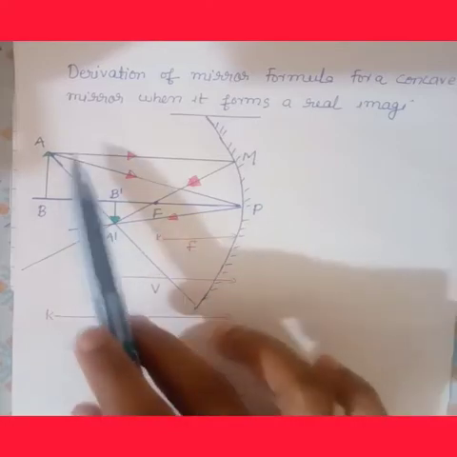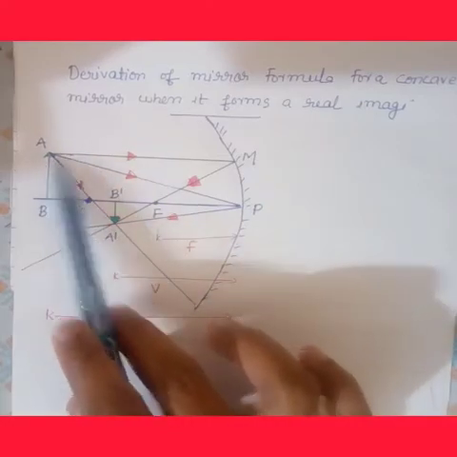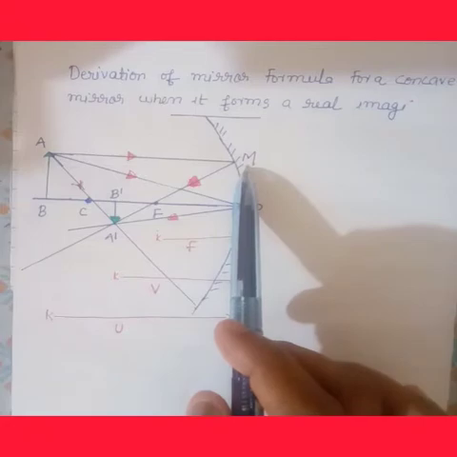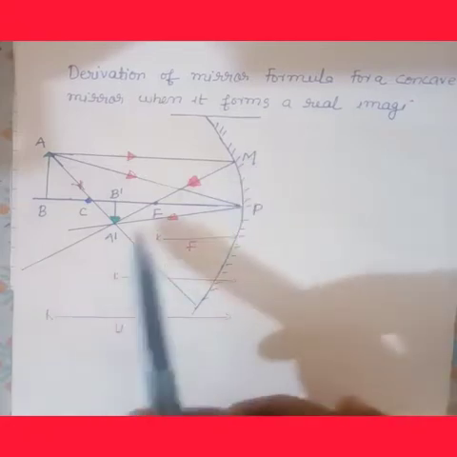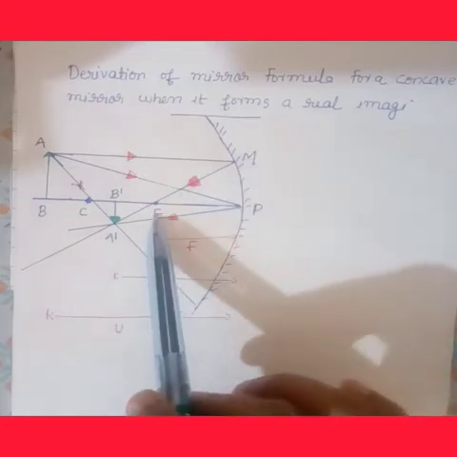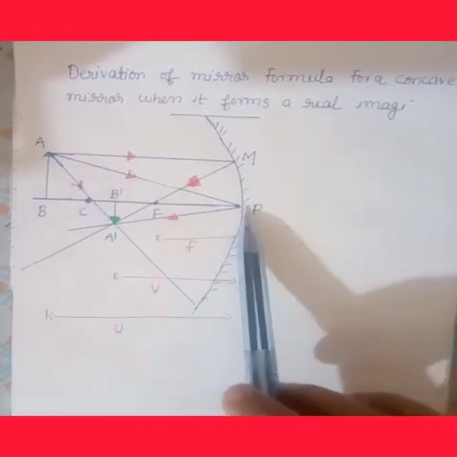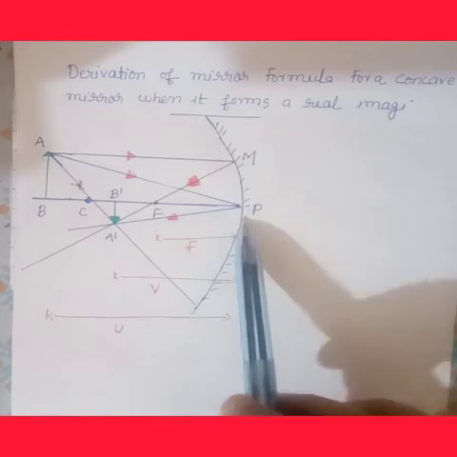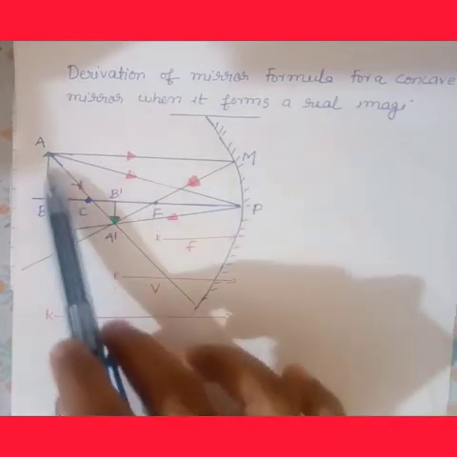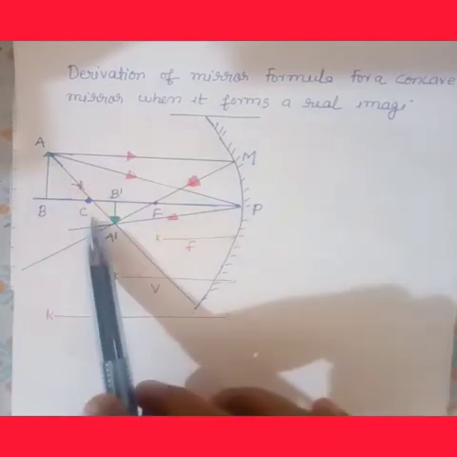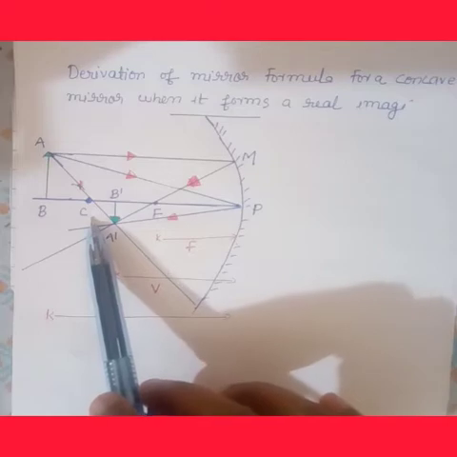Here you have to draw the first ray AM parallel to the principal axis. After reflection it passes through the focus. Then the second ray is incident on the pole, so it obeys the laws of reflection. And the third ray passes through the center of curvature, so it takes the same path.